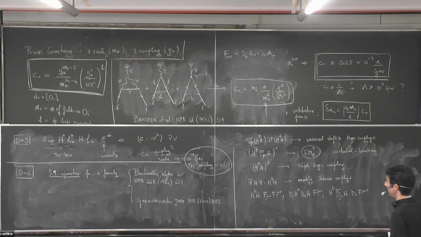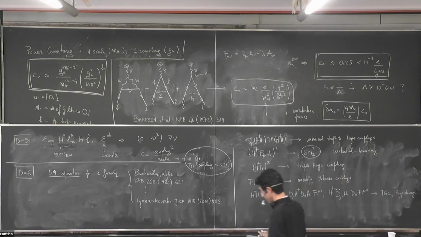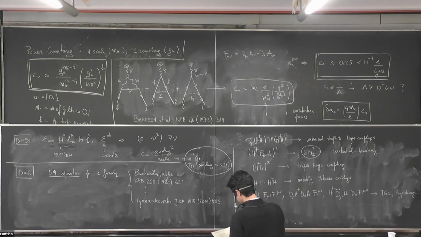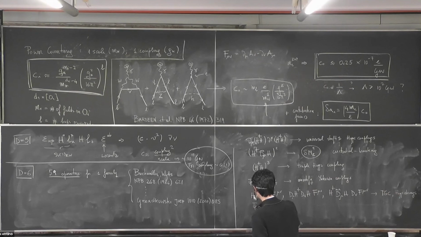All these can be measured through, for example, triple gauge coupling measurements, or Higgs decays, and so on. Then there are operators which are of the form of current times current, for example, a current of fermions times a current of Higgs.